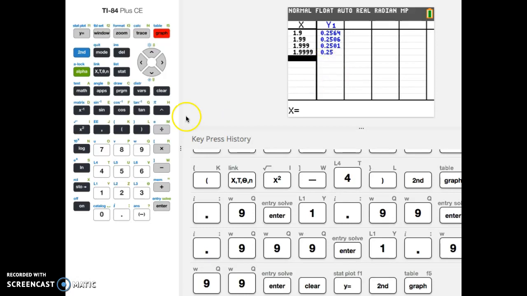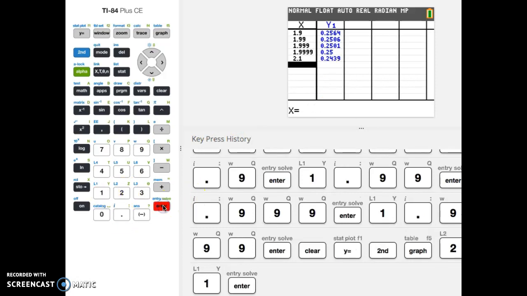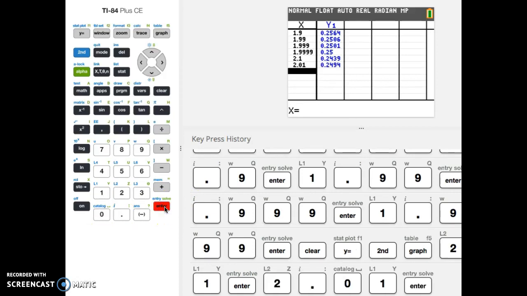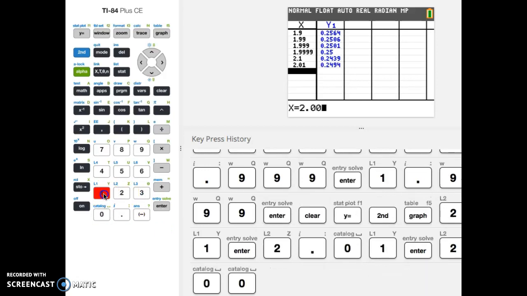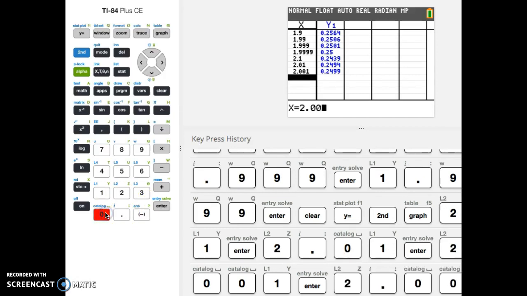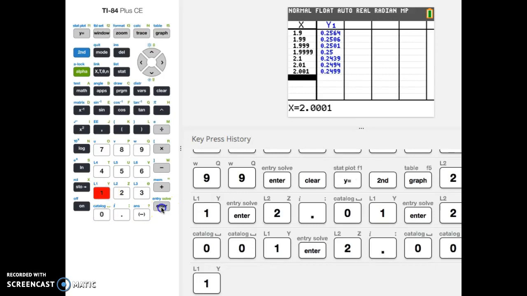So I'm just going to type or click here 2.1 and hit enter, and then 2.01, 2.001, and 2.0001. Okay, and now we've got the values for our table, and that was pretty quick and pretty slick.